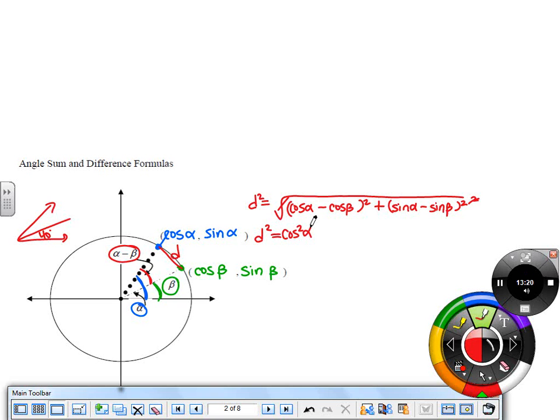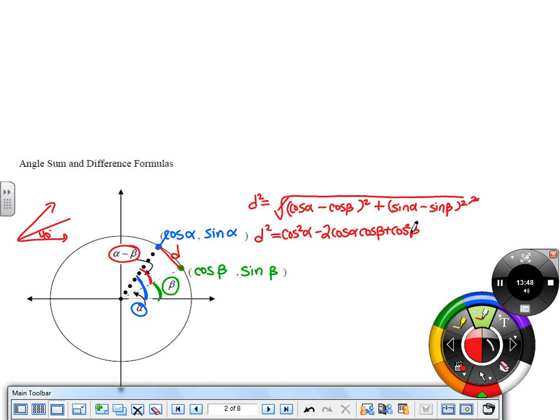When it's minus 2 cosine alpha, cosine beta. Yeah. Because you can't, it's kind of like the log, right? If you had the log of 6 times the log of 10, you don't just say, well, that's the log of 6 times 10. No, because the log does something to that number before you multiply it together, so you've got to keep that cosine or sine in front of that. And then my last term for that one would be cosine squared beta.